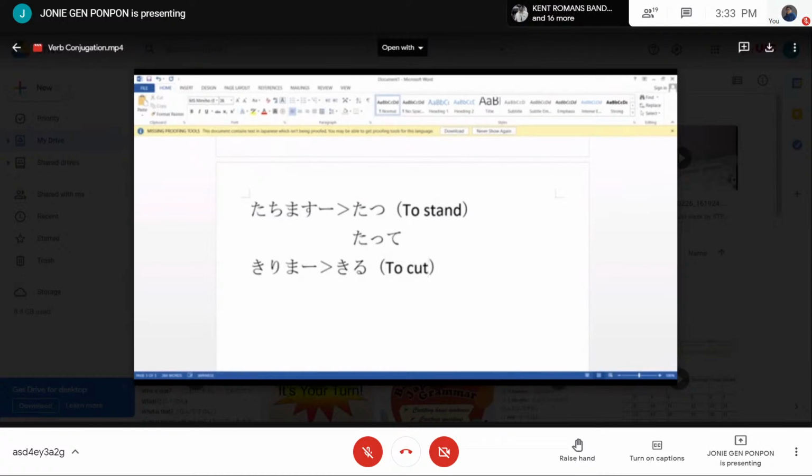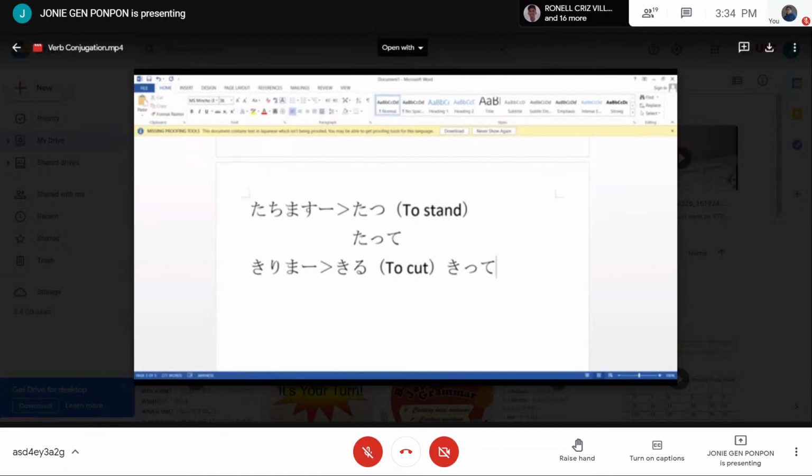The ru will be replaced with the t sound, so it will become kitte. Kitte is different from kitte, the stamp, or kitte kudasai, which means please cut.